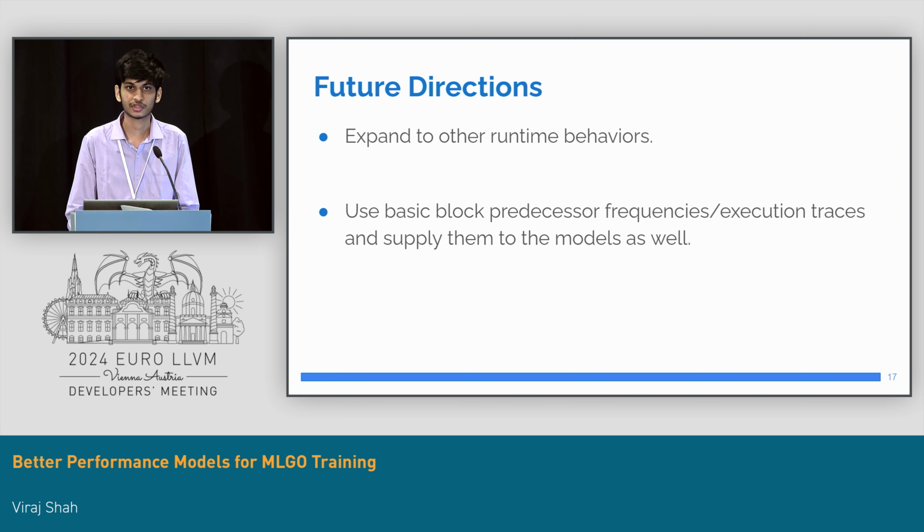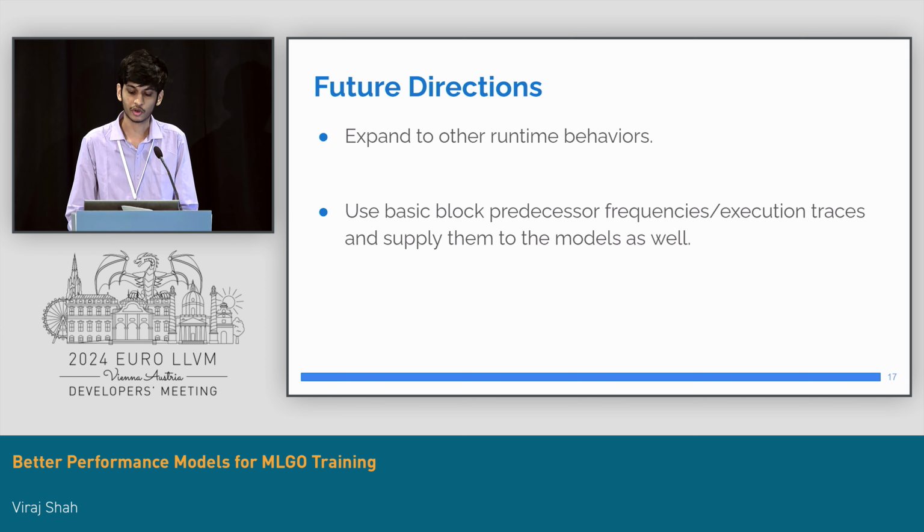And as for future directions, the immediate next step would probably be to expand to the other runtime behaviors we set aside earlier, like branch mispredictions. Aside from that, another way to expand on existing learned basic block cost models to improve their accuracy in these situations would be to feed models with more context about the basic block, such as something like a call chain or an execution trace, so that they can potentially figure out more about the underlying memory access pattern.